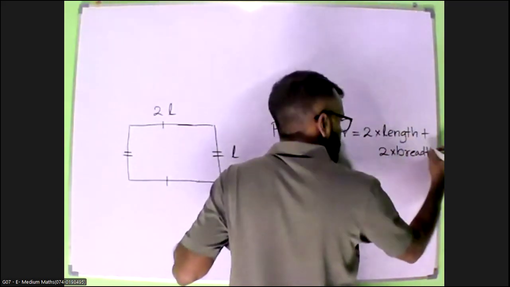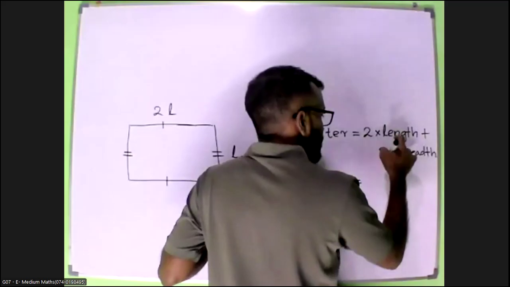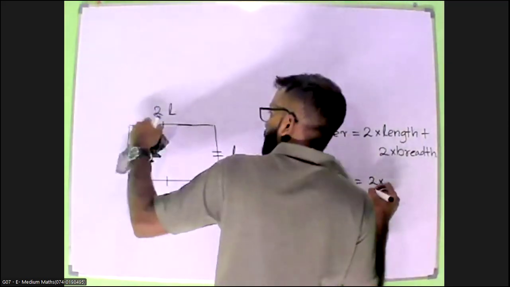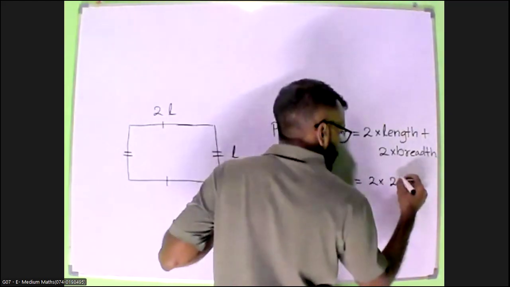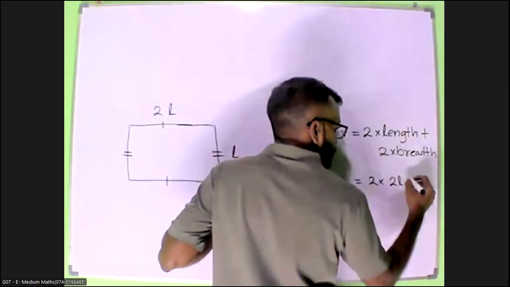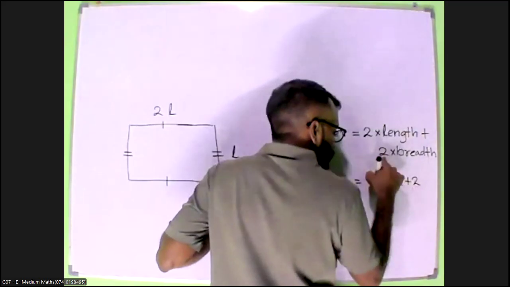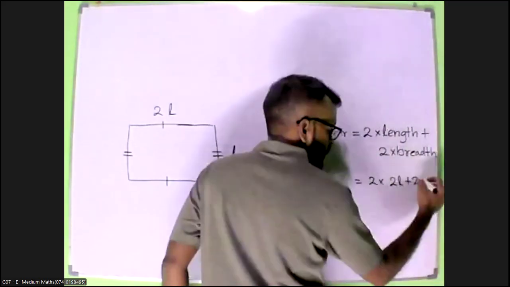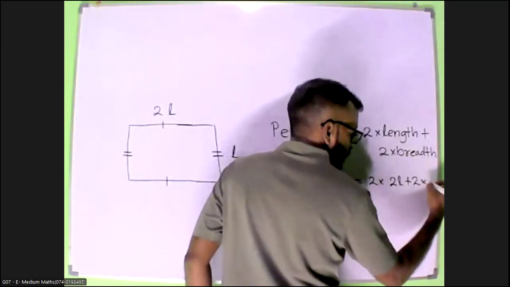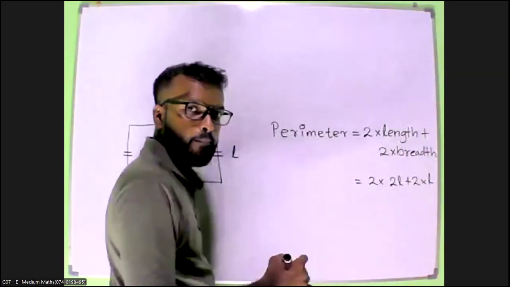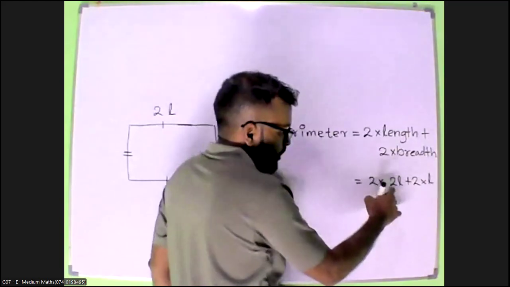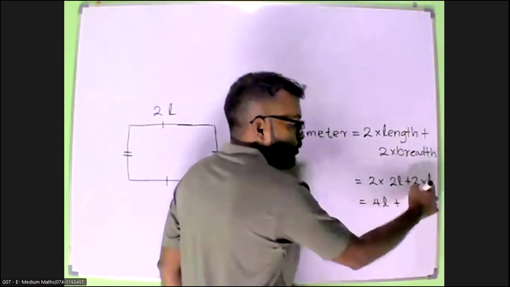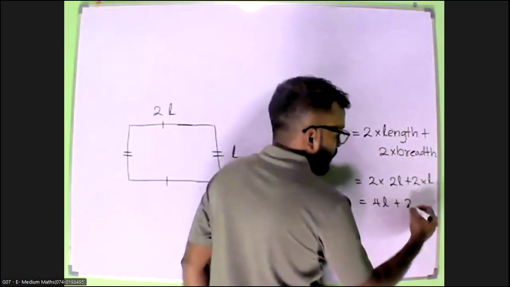What is our length? 2L. So 2 times 2L plus 2 times breadth, breadth is L. So I am writing 2 times L. 2 times 2, 4L, plus 2 times L, 2L.